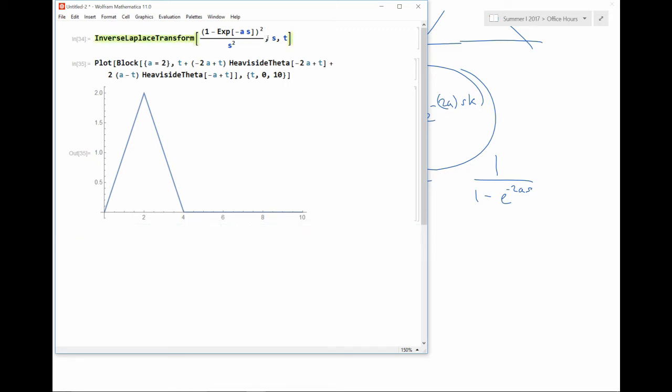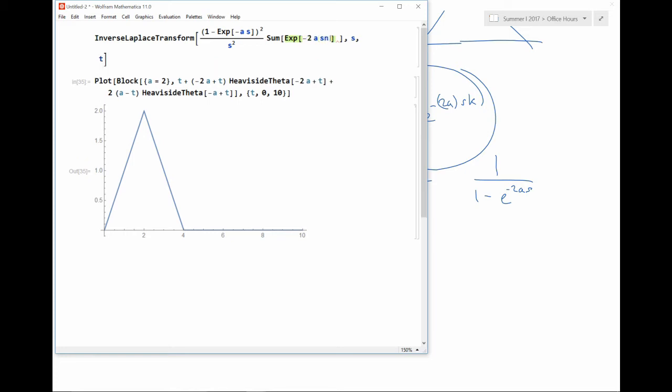So what if I start to include the summation term? We want the summation of e to the minus 2a s k, where k goes, well, how many terms do you want to add? I suggest we add just 2 terms, just to see what kind of difference that will make.